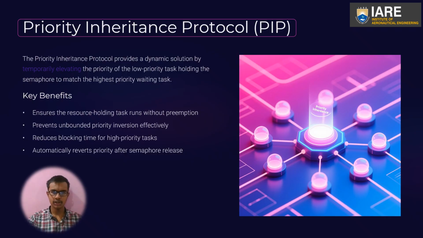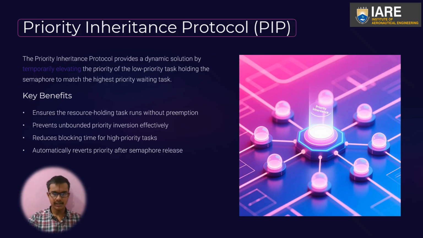Now let's go through the Priority Inheritance Protocol. The Priority Inheritance Protocol gives a dynamic solution by temporarily elevating the priority of the lower priority task holding the semaphore to match the highest priority waiting task. There are four key benefits for this.